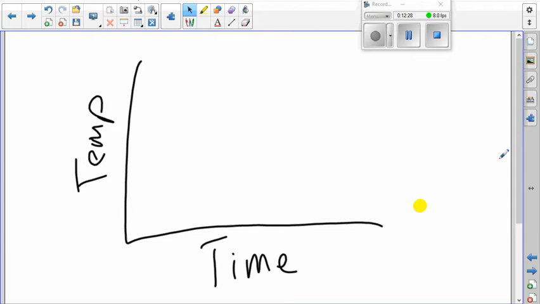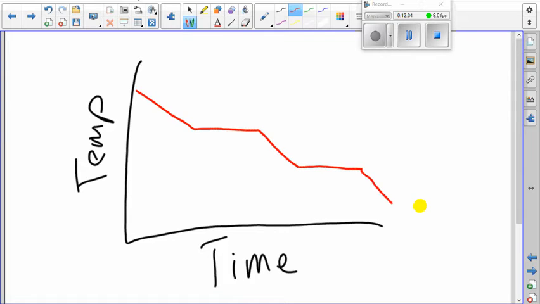And you might have a graph that looks something like this. Boom, flat, boom, boom. Phase change graph. There are 5 different sections on it: A, B, C, D, and E. You have 3 slopes, A, C, and E, and 2 flat parts, B and D.